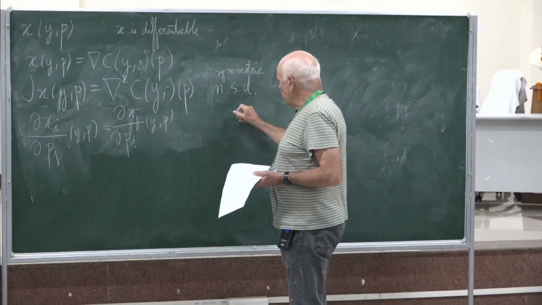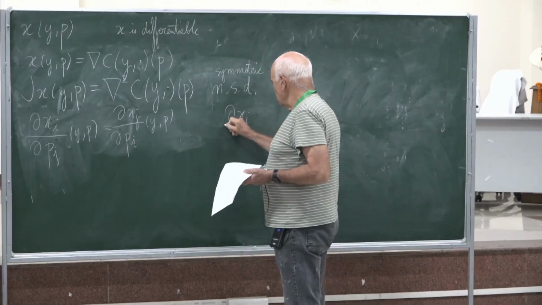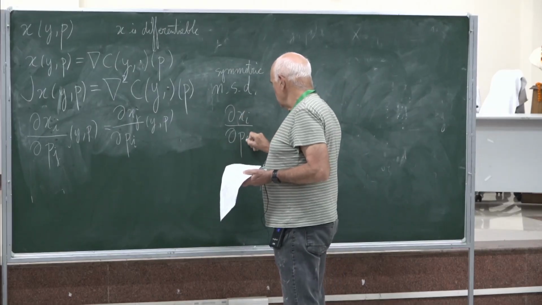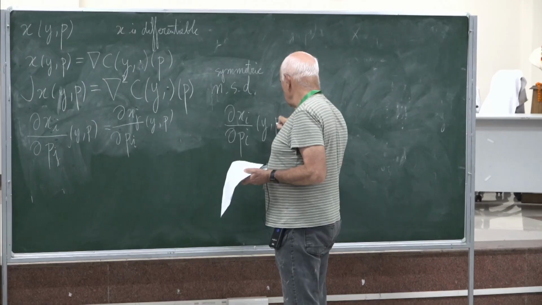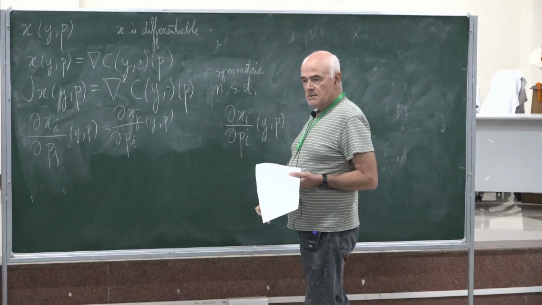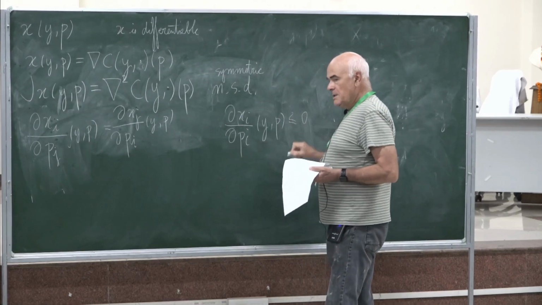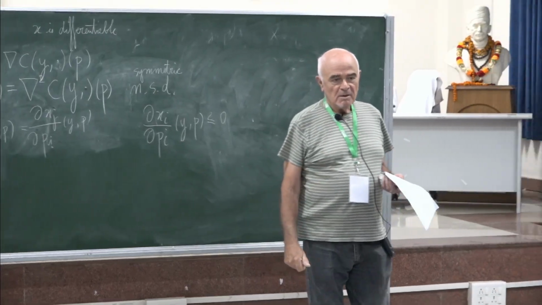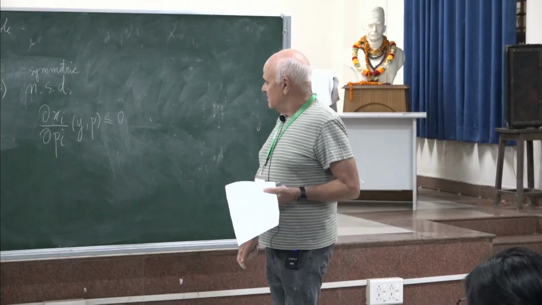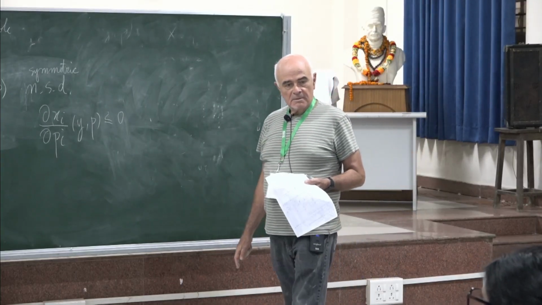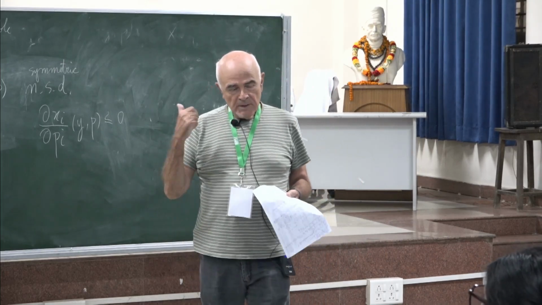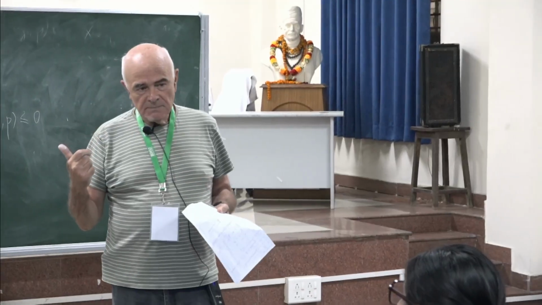The diagonal elements are all less than or equal to 0, because it's a negative semi-definite matrix.